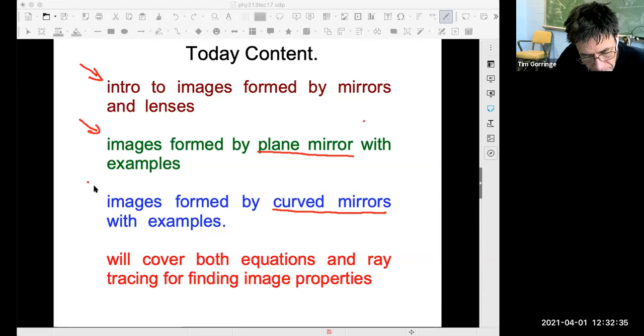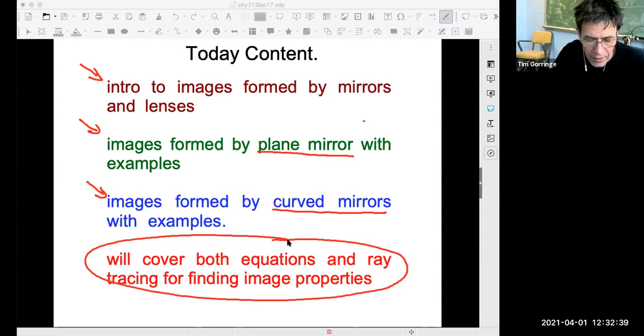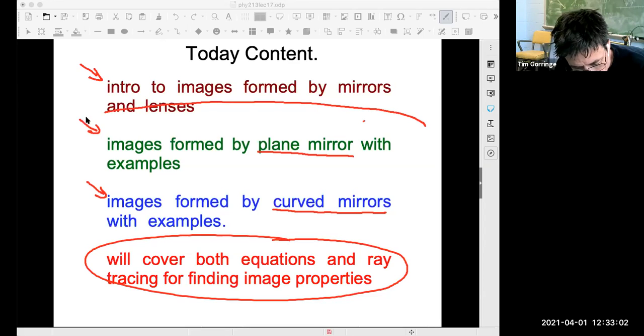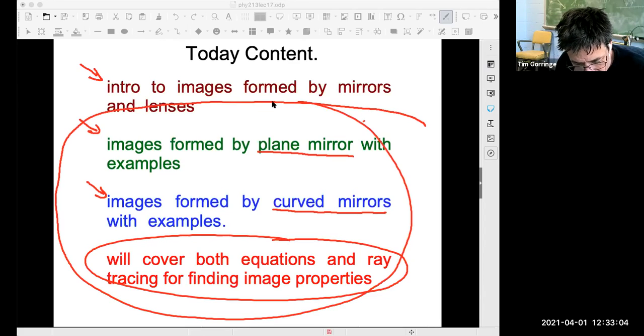And we're going to look at equations that describe the formation of images by plane mirrors, convex mirrors, concave mirrors. And we're also going to look at a method called ray tracing to find the images formed by plane mirrors, convex mirrors, and concave mirrors. So the vast majority of today's class is about mirrors and reflection.